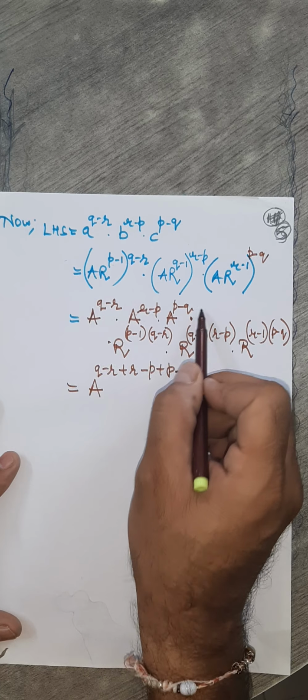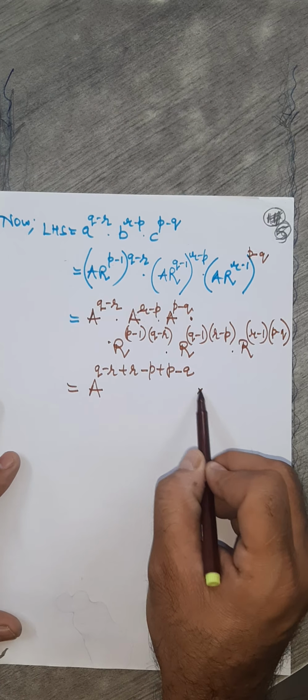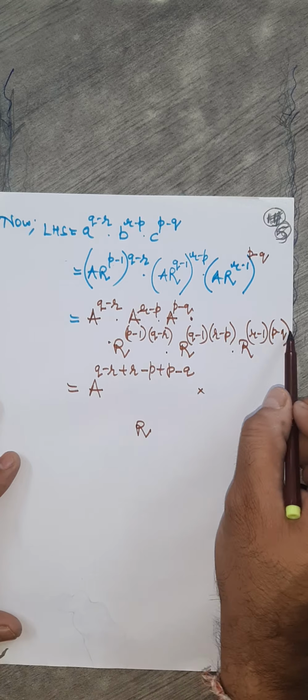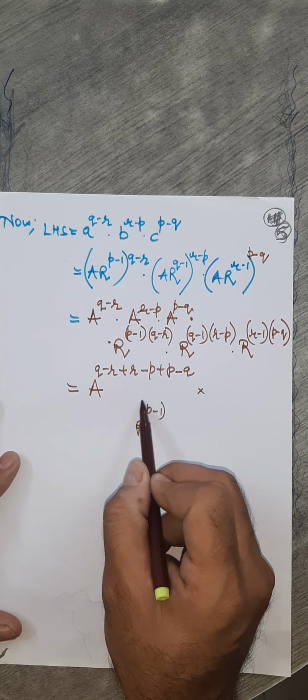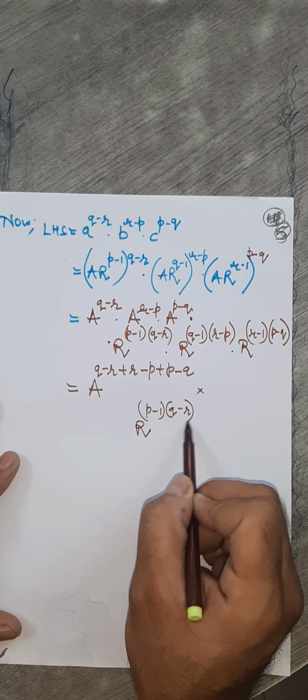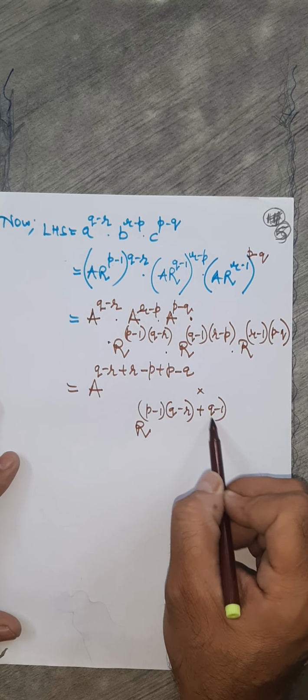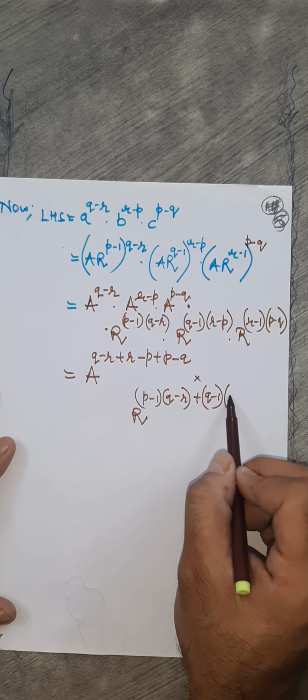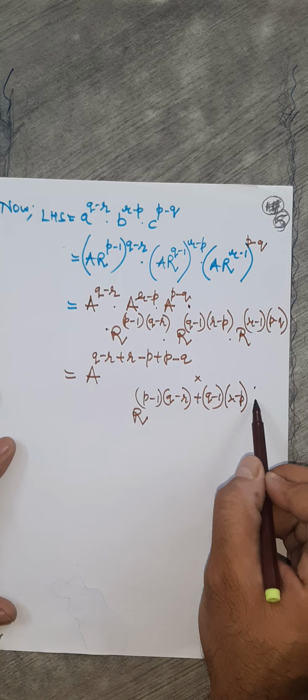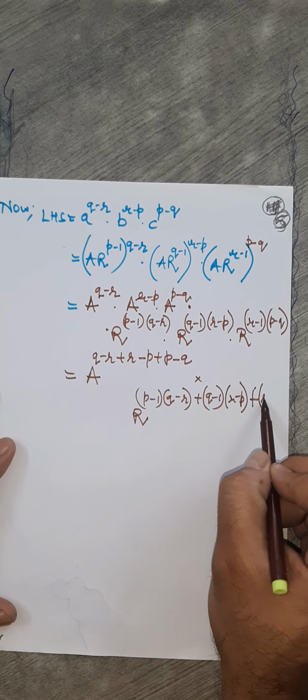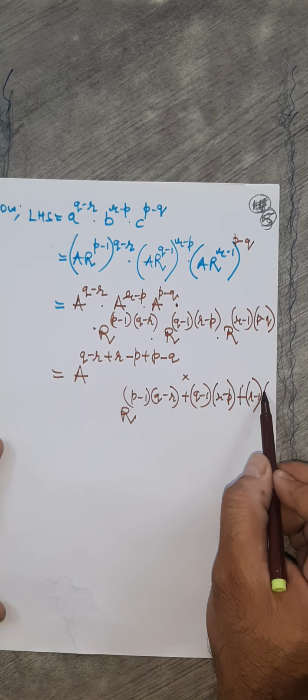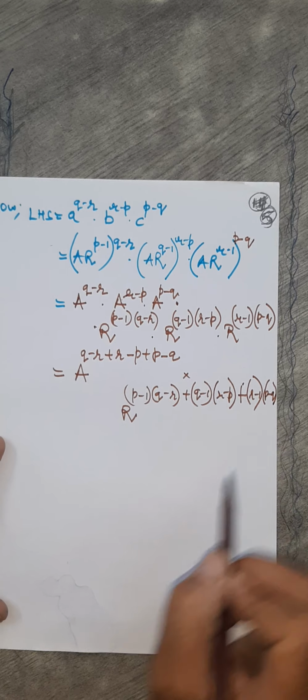Just adding these exponents, I'll write here R raised to this: p minus 1 into q minus r plus q minus 1 into r minus p plus r minus 1 into p minus q.